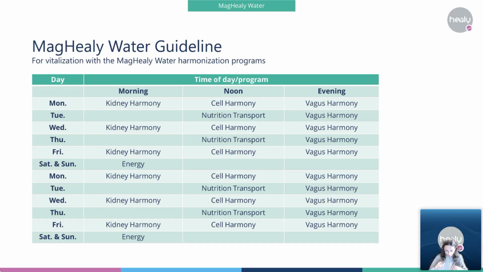And on Saturdays and Sundays, we start with a little energy in the morning, because usually, when you work the whole week, on Saturdays and Sundays you're like, oh God, I need a break. So a little energy cannot hurt. And of course, at noon and in the evening, we do nothing, because you should always give your body a break from whatever application you do.